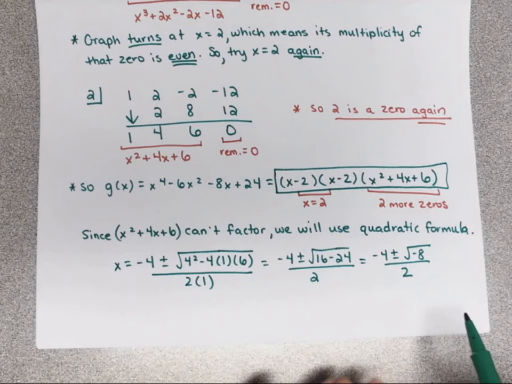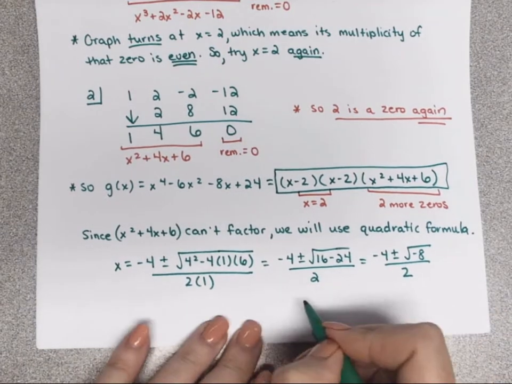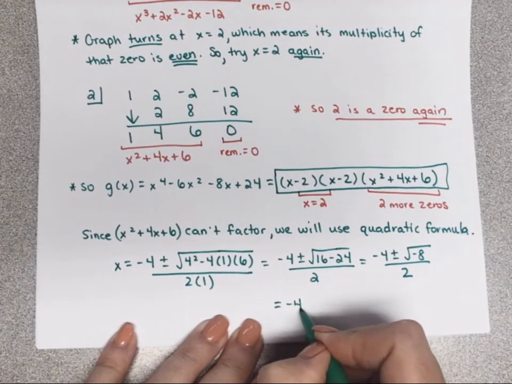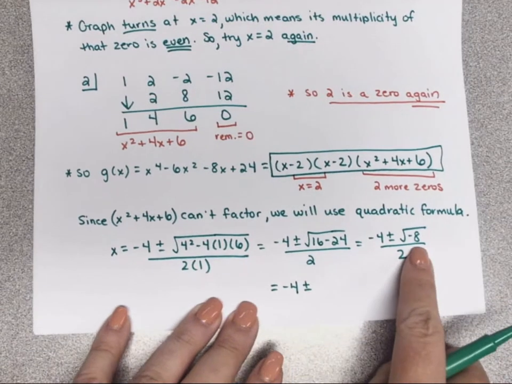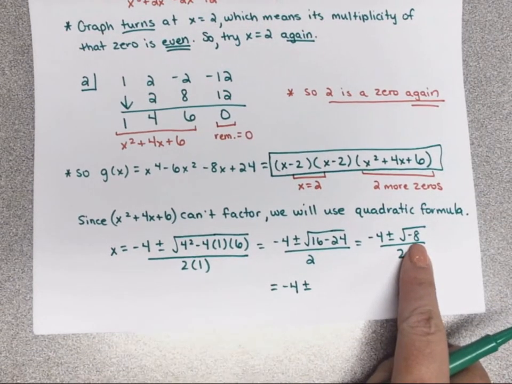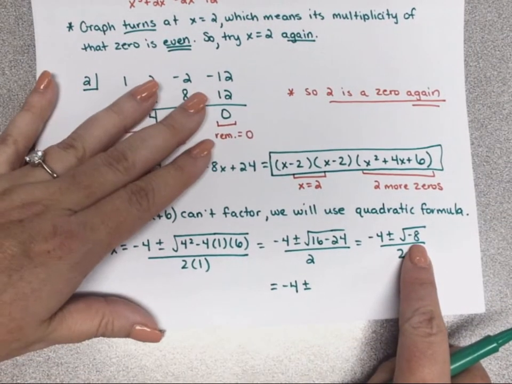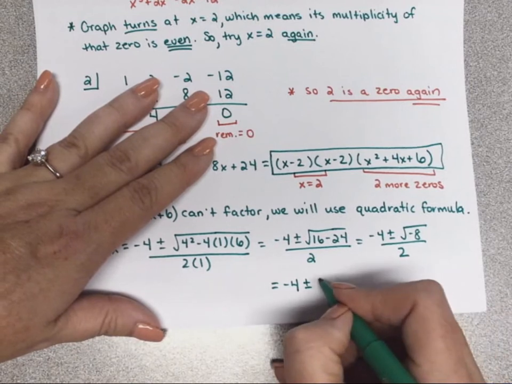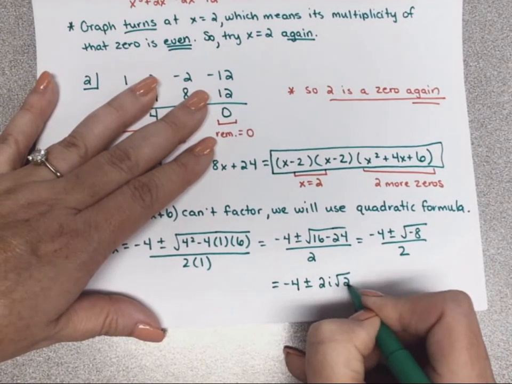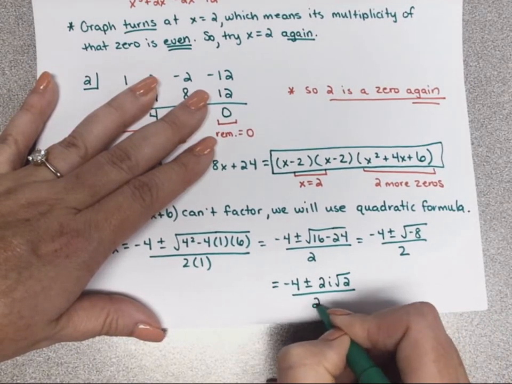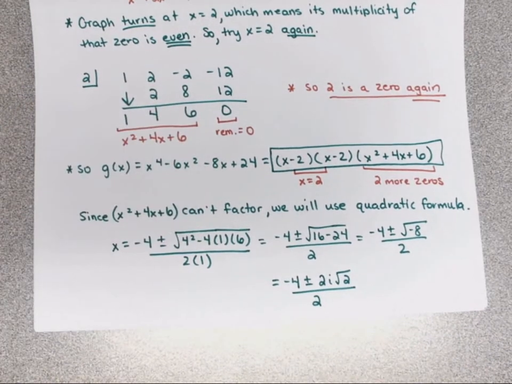So let's just work on what this would be. I don't want to spend too much time on this, but just remember we kind of already did this one. Square root of 8, do you remember what that was in the previous one? It was 2 square root of 2. Okay, so it's just going to be 2i square root of 2. In other words, do the square root like you normally would and just stick an i in there. That's how you deal with imaginary answers.